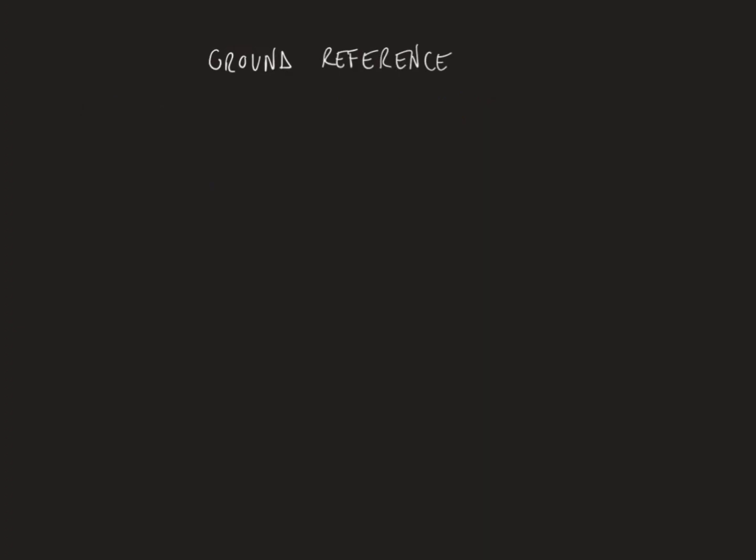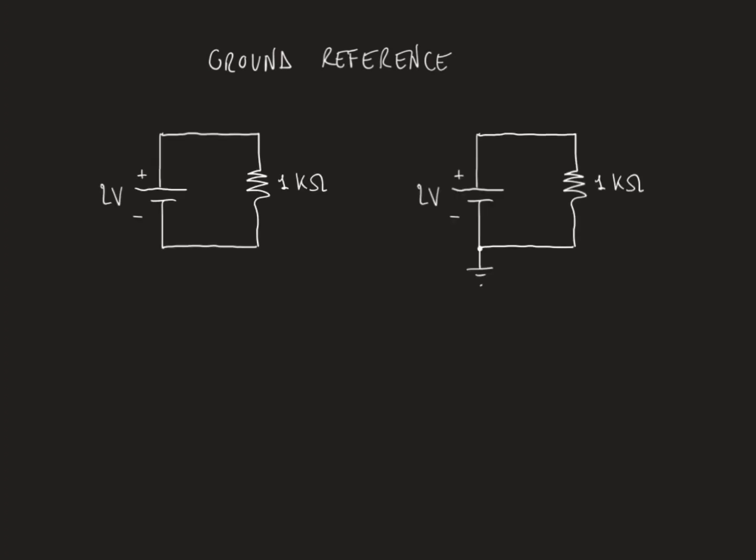Consider now these two very simple circuits, including a battery and a resistor. The only difference between the two circuits is that in the one on the right, the negative terminal of the battery is connected to the ground reference. Nevertheless, the current I1 flowing through the resistor in the circuit on the left is the same as the current I2 flowing through the resistor in the circuit on the right.